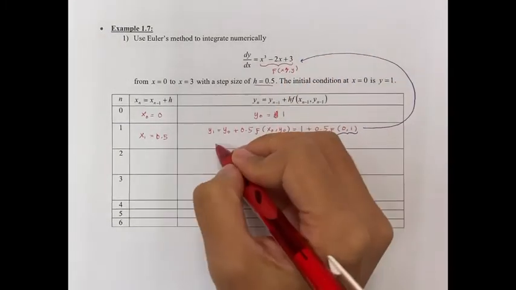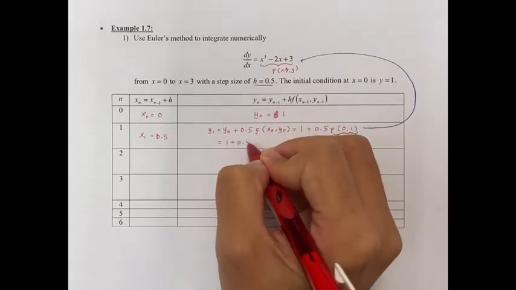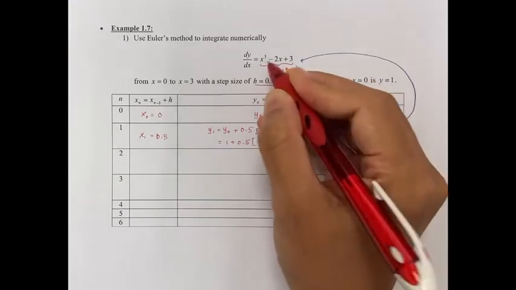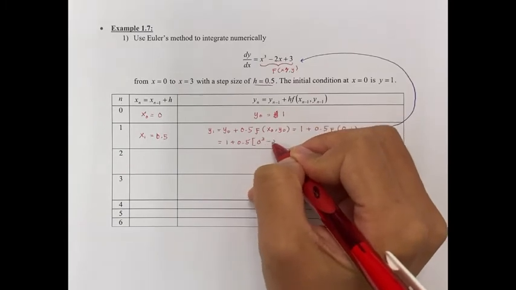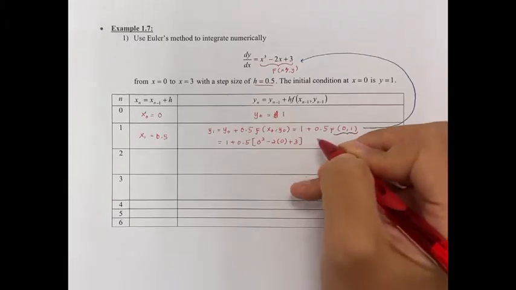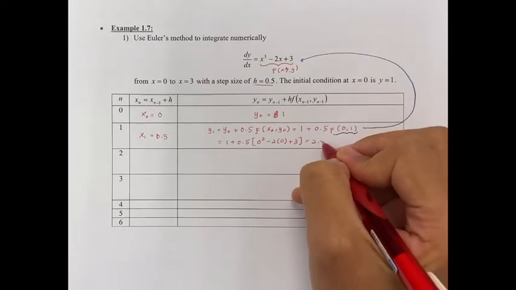So for this one, you have 1 plus 0.5, and f(0, 1) is equal to, you substitute x equal to 0: 0 cubed minus 2 multiplied by 0 plus 3. So for this one you have 2.5.